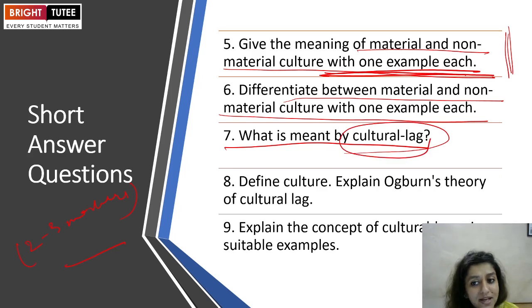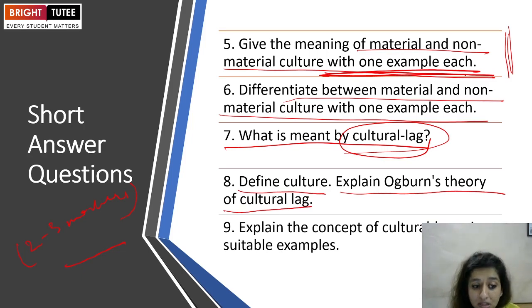You may take the example that I have given you. If you have your own example, you may take those as well. One of the examples was of the statue and the thinking, or the imagination of the artist. Then they ask you to define culture and explain Ogburn's theory of cultural lag.